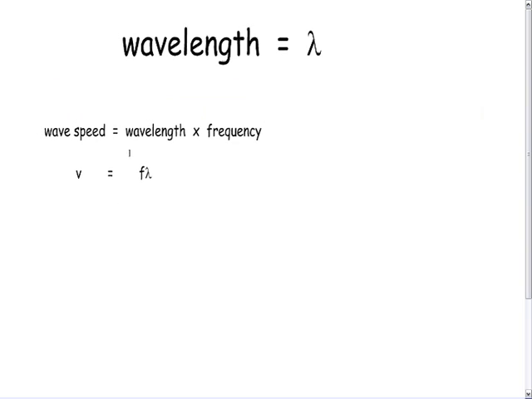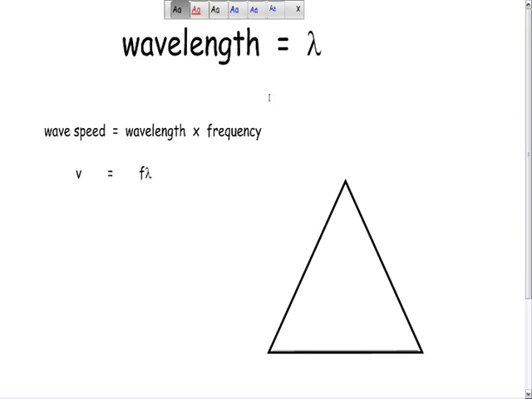So V equals f lambda. And that brings us to our final little triangle for today: the wave speed V equals the frequency times the wavelength.